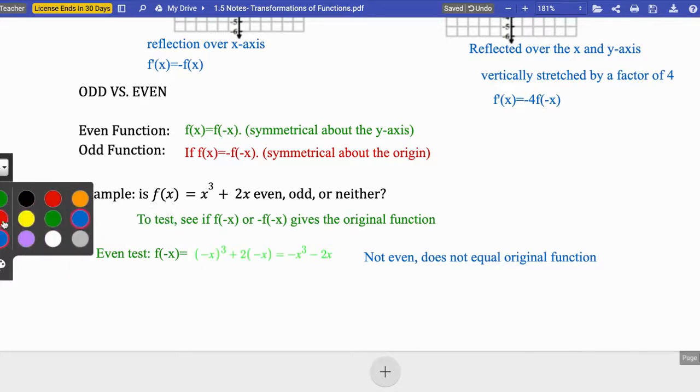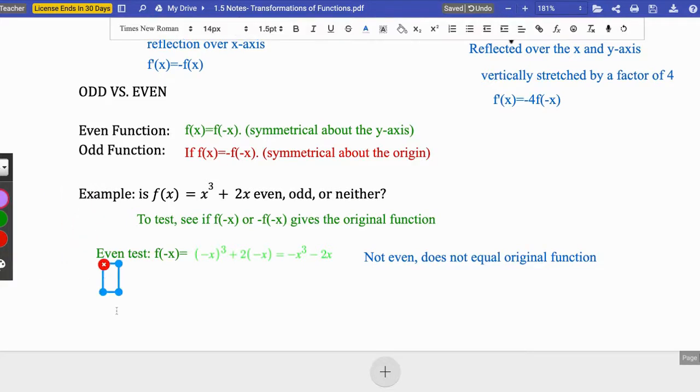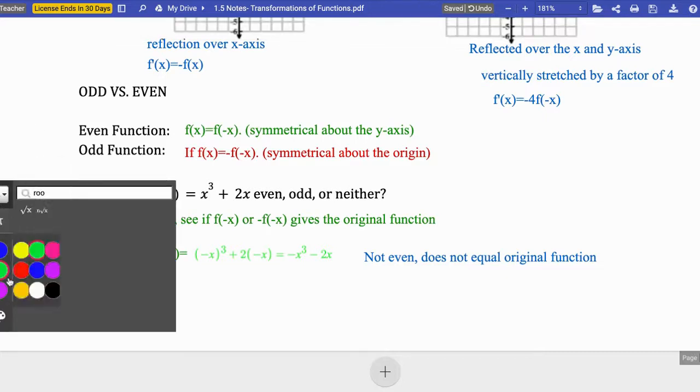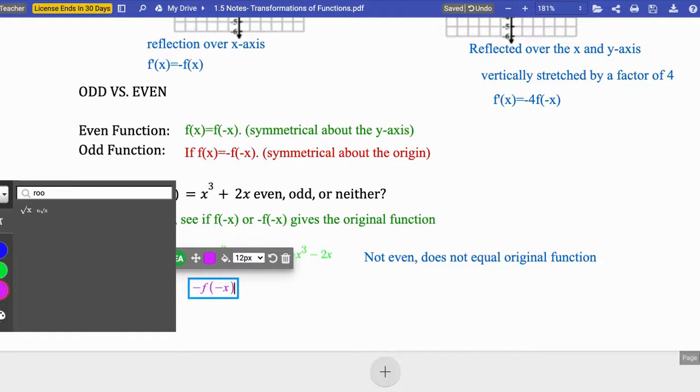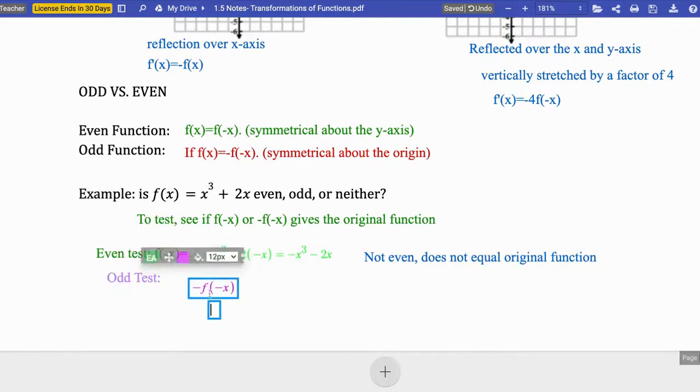Now we're going to check to see if it's odd. Odd test. For the odd test, we're testing negative f of negative x. Okay, we're going to see what that is.